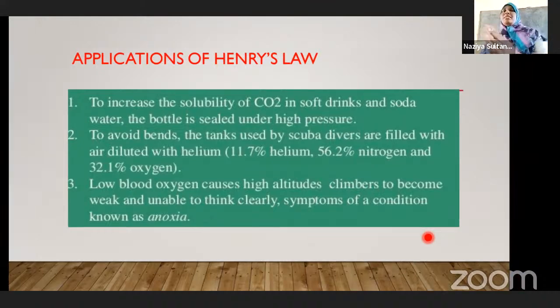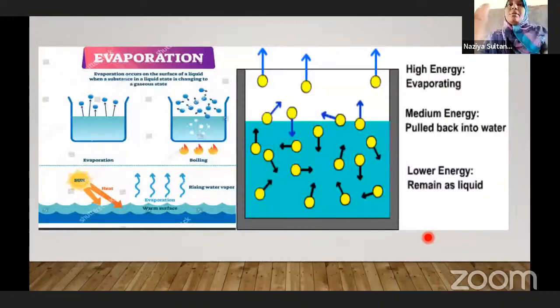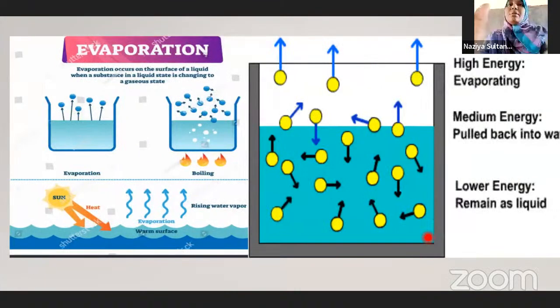Next, coming to another topic, that is evaporation. We know that evaporation is nothing but conversion of a liquid into the gaseous form at room temperature. Whereas boiling is conversion of a liquid to the gaseous form, but upon heating.